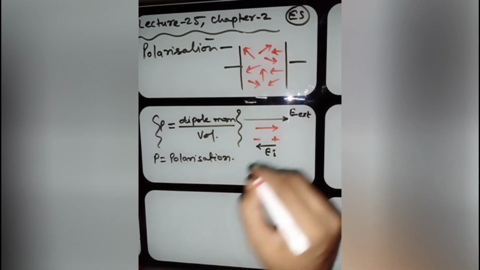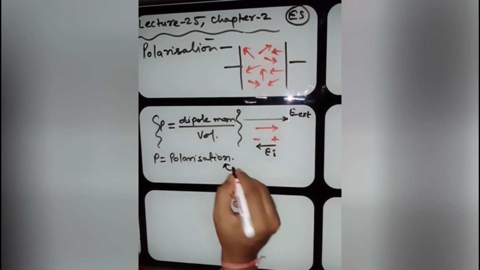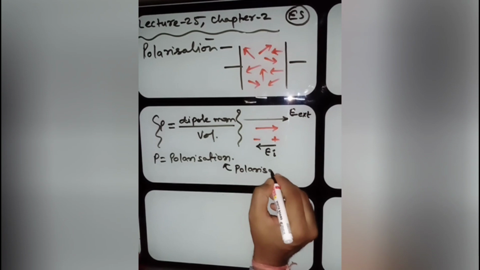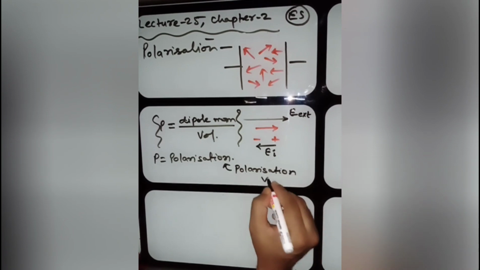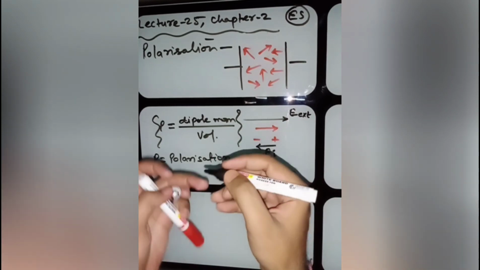Sometimes it is also called the polarization vector. This can also be written so in some books. Don't be confused.